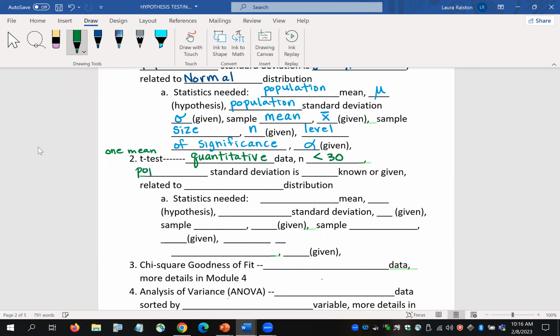The population standard deviation is not known or given. And this particular one is related to the student's t-distribution, which again I introduced you to on Monday. It's related back to the student's t-distribution, which we talked about with the t interval.